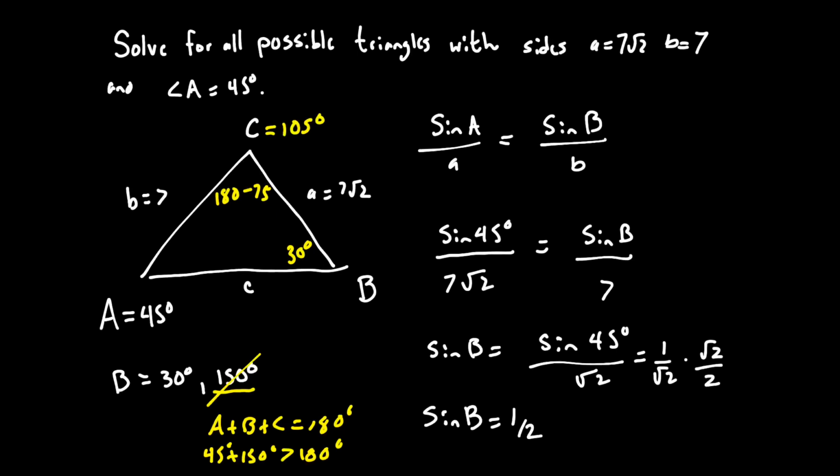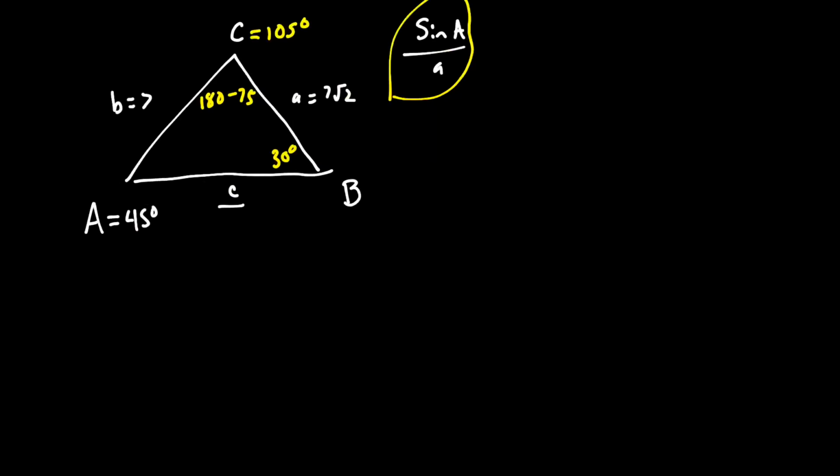In the last part of our problem, we need to find side c. Again, we can use the ratio of sine A divided by a to find what side c has to be, since we know the angle C. Using the law of sines, the ratio of sine A divided by a is equal to sine C divided by side c.